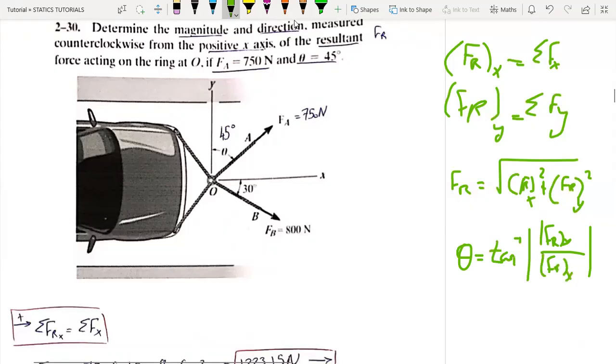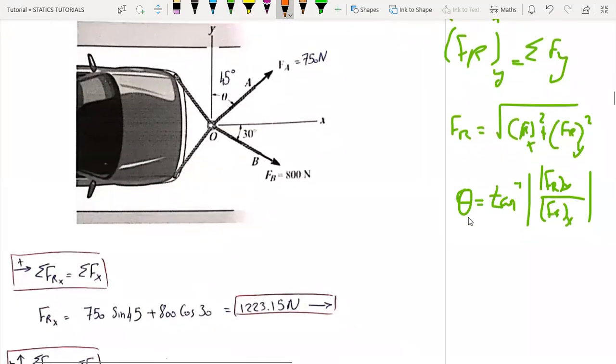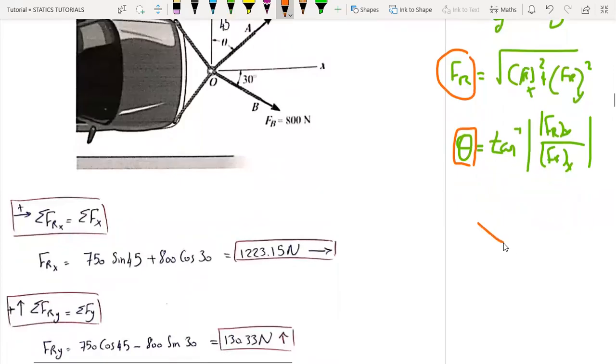But here we should be careful about some point. We should know in which quarter our resultant force lies. Let's say it is in the second quarter, so here is FR, and what is required from us in the problem is the angle with the positive x-axis. So here we can find theta.